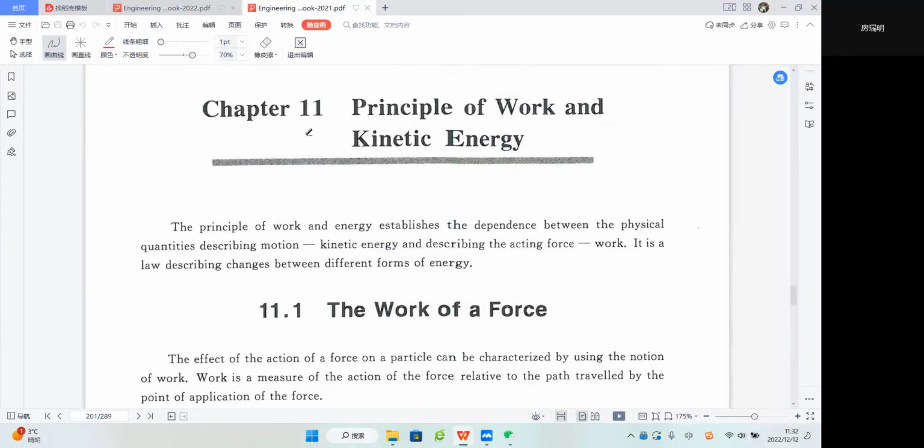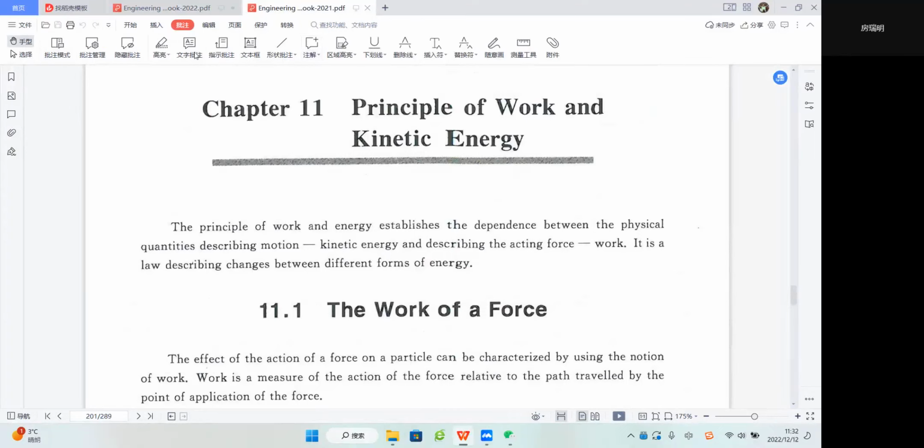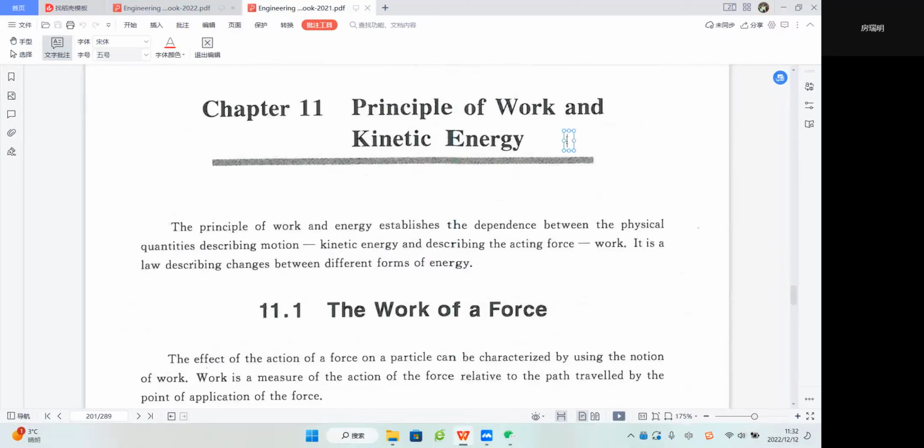The chapter 11 talks about the principle of work and kinetic energy. Here, kinetic energy in Chinese we call 动能. It means when you have some kind of motion, you will have some energy. So we call this principle of work and kinetic energy 动能定理.